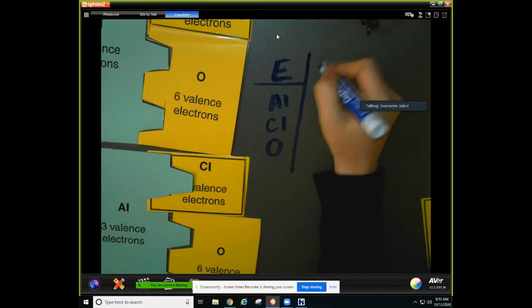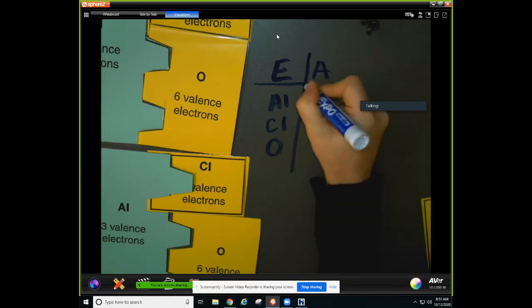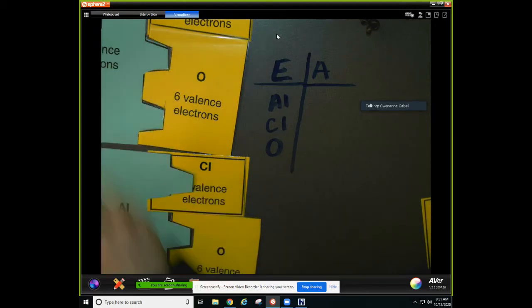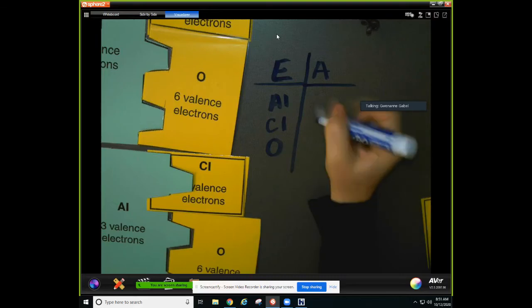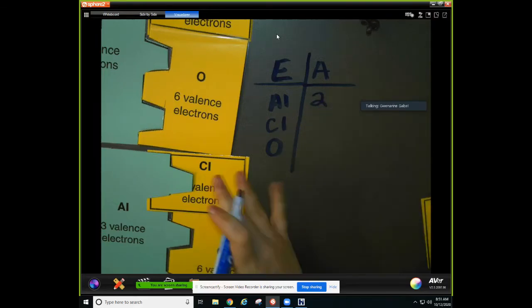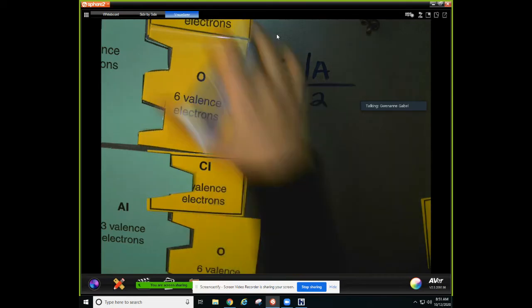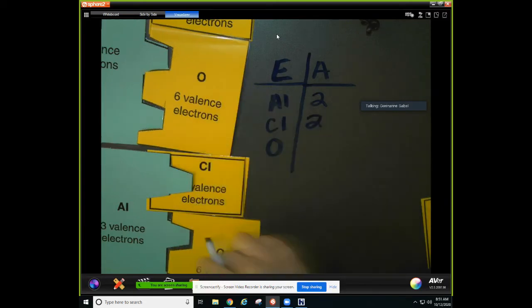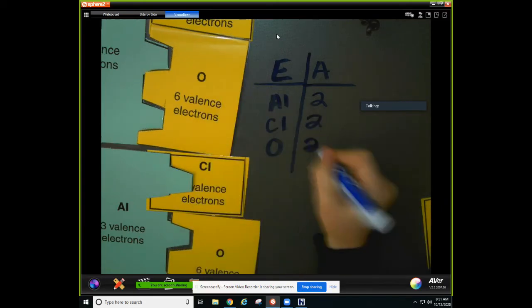Now I want to count how many pieces of each element I have. And those pieces represent atoms, okay? So of aluminum, I have 2 big old green pieces. Of chlorine, I have 2 pieces. And I have 2 pieces of oxygen.